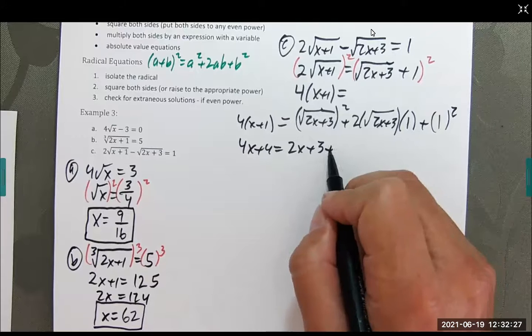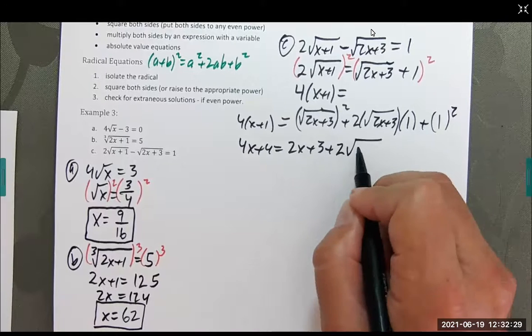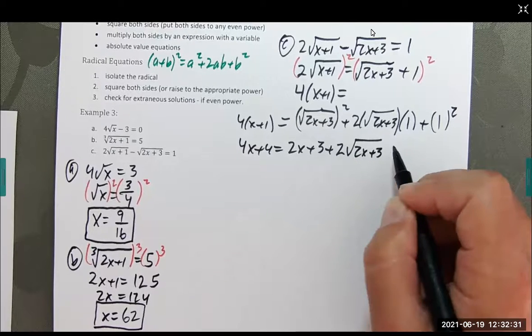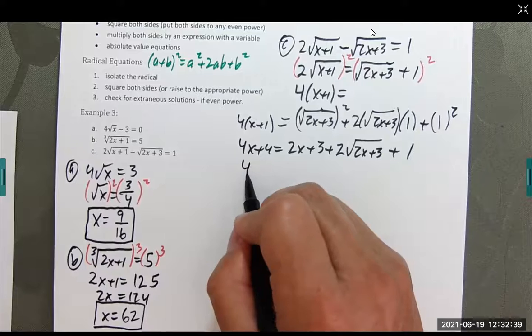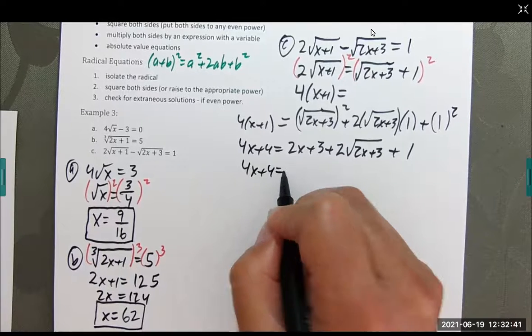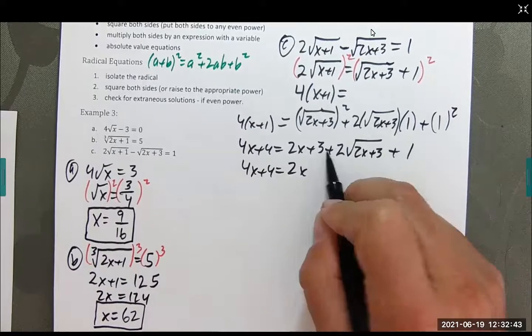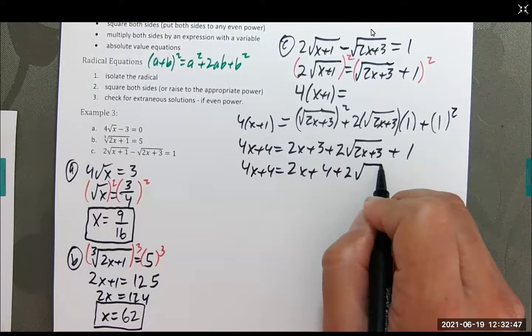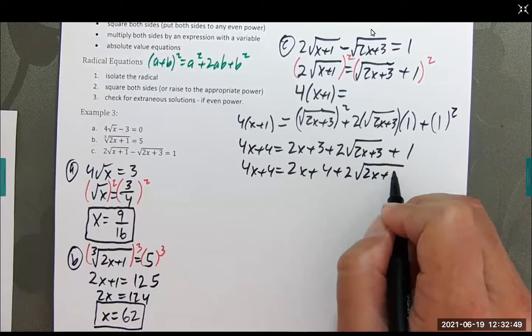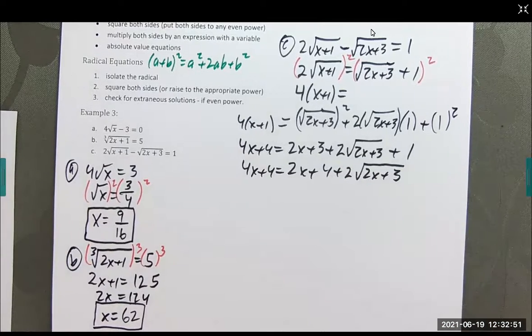So plus 2 radical 2x plus 3. 1 squared is 1. I'm going to go ahead and combine like terms. Three plus 1 is 4. We got a lot going on with this one.